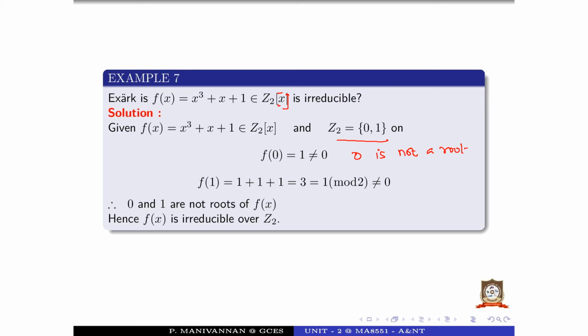And also for 1, we get 3, which is equivalent to 1. Therefore, it is not equal to 0. Therefore, 1 is also not a root. Therefore, the given polynomial has no roots in Z2. Therefore, f of x is irreducible over Z2.